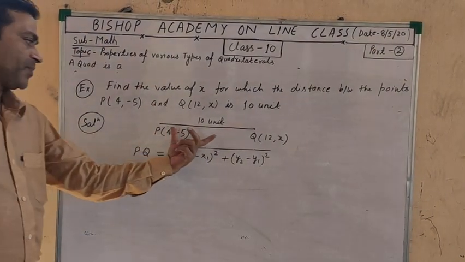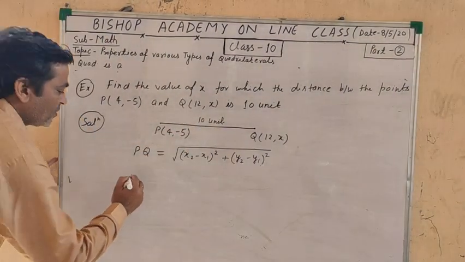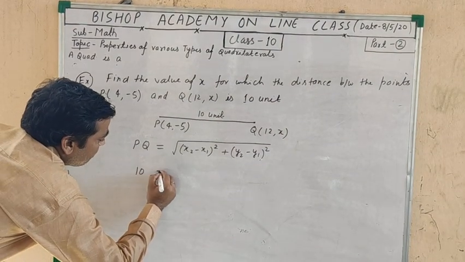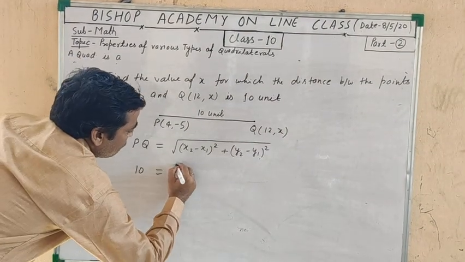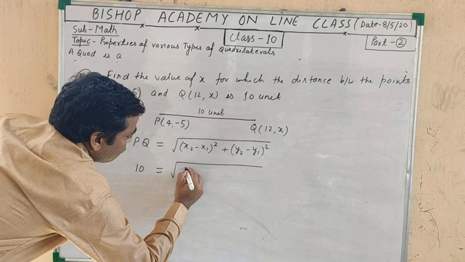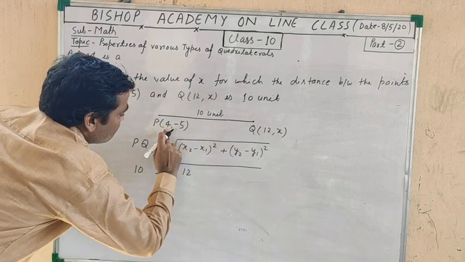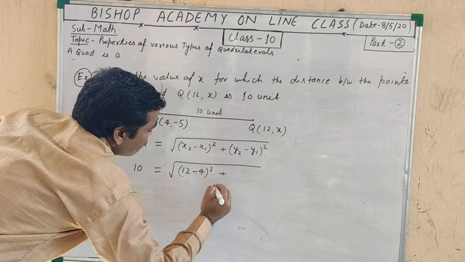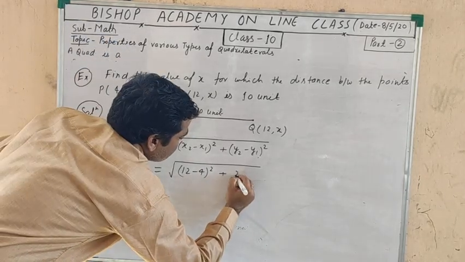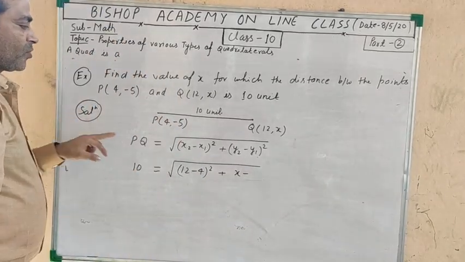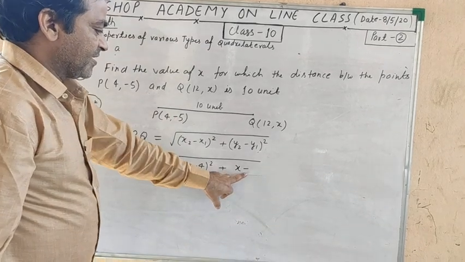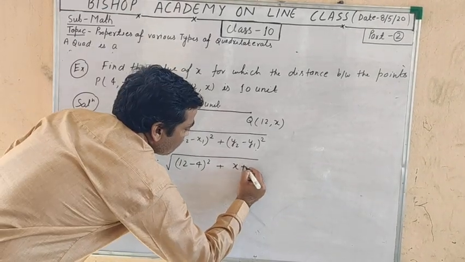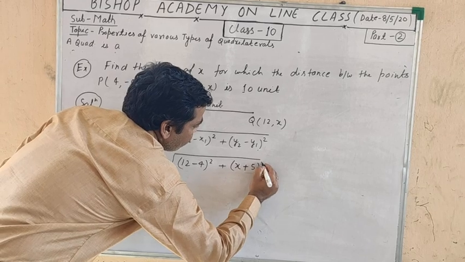So 10 equals the square root of (12 minus 4) whole square plus (x minus (-5)) whole square, that is (x plus 5) whole square.